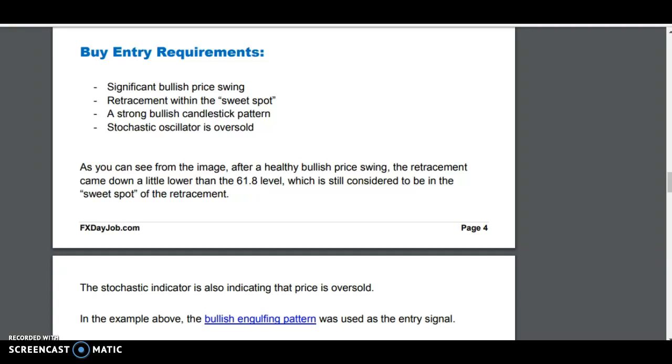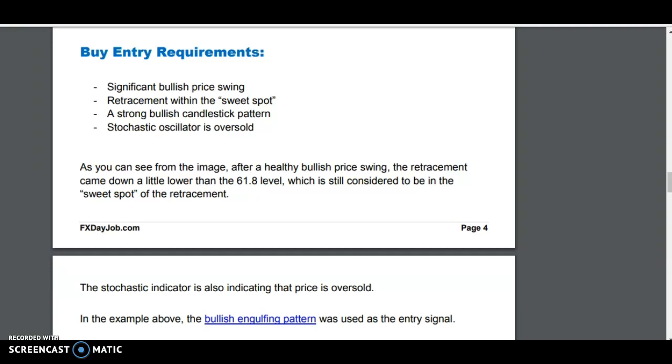So first we need our Fibonacci tool on our MT4 and then a stochastic chart at the default setting, that is 5, 3, 3 period.